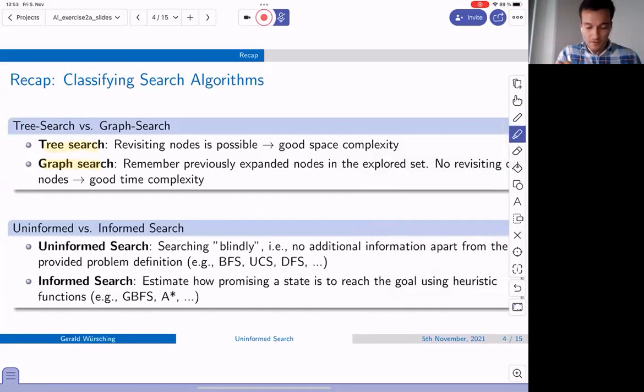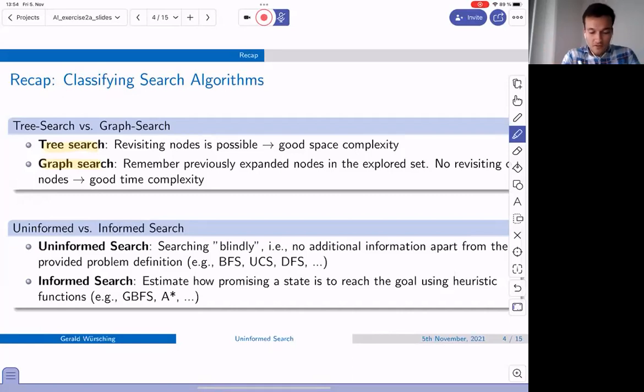This gives us a good space complexity, so we don't have to store much of anything. However, our time complexity could be very bad. Why? Because a tree search algorithm, since we do not remember what we visited before, may get stuck, for example, in infinite loops. And this can even happen on very simple search problems.